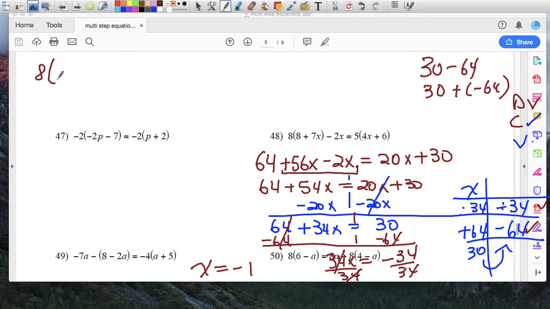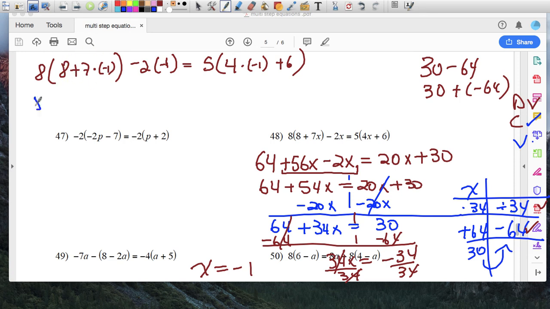Substitution, 8. 8 plus 7 times negative 1. Okay. Minus 2 times negative 1 equals 5, and then 4 times negative 1 plus 6. Order of operation tells me I have to do the parentheses first, so this 8 is going to wait a little bit.